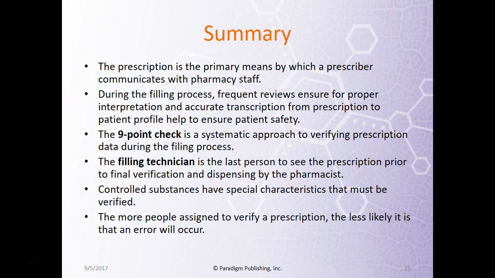The fill technician is the last person to see the prescription prior to its final verification by the dispensing pharmacist. Controlled substances have special characteristics that must be verified: DEA number, correct number of refills, and the more people who are assigned to verifying, the less likely it is that an error will occur, because somebody will catch it.